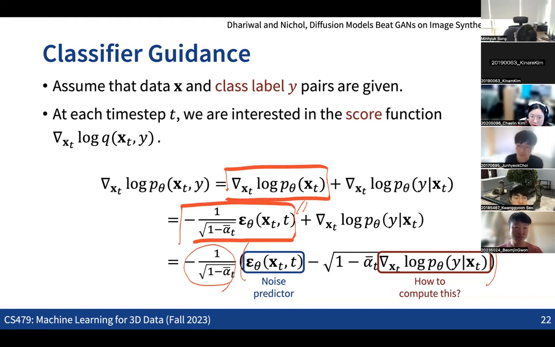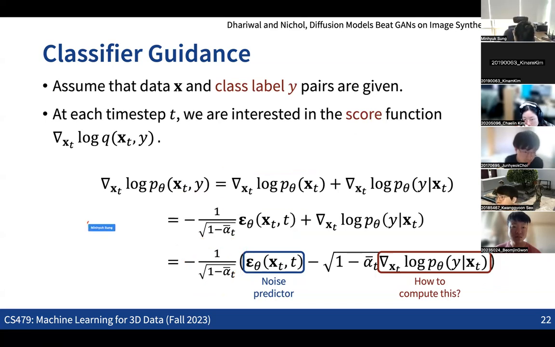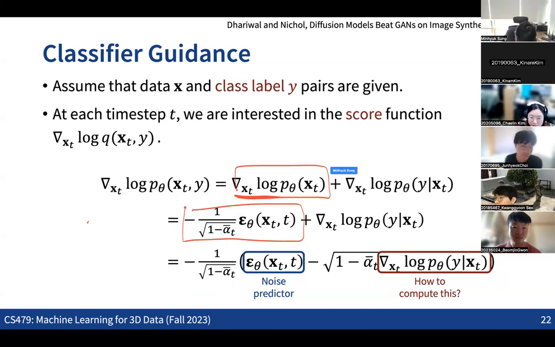So these two should be canceled out, so that we are basically multiplying this to the score function of the conditional probability. Does it make sense? You can see that these two are the same.